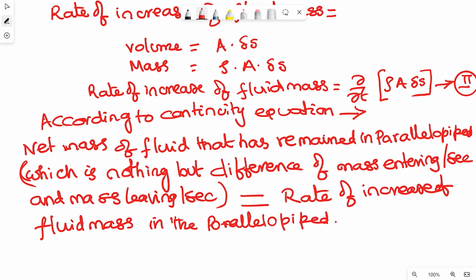Therefore, the first one is minus dou by dou s of rho AV into delta S by 2.